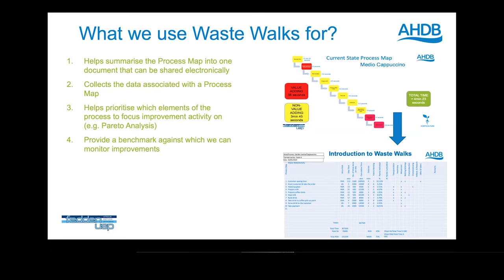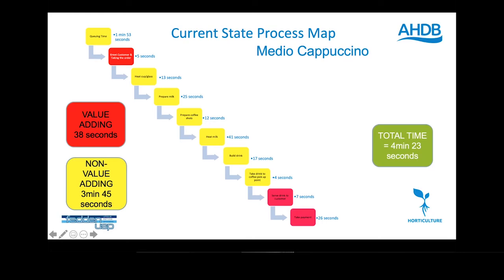But it also gives you a bit of a benchmark as well of what the process was before and then what the process is afterwards, after you've carried out the improvements itself. It gives you a stake in the ground of what the metrics are for the process, and then you can start to see how that improves as you do your improvements. So that's the reasons that we use these waste walks for.